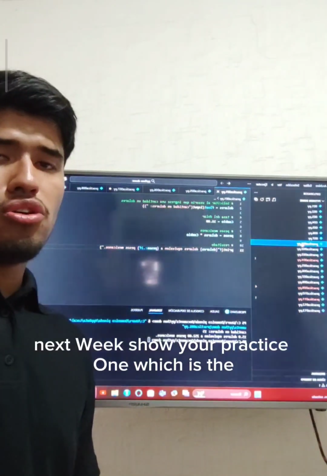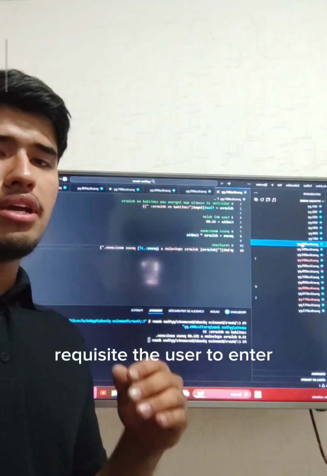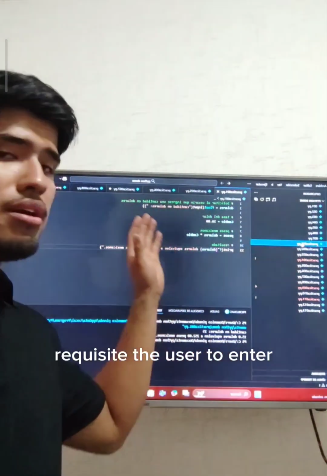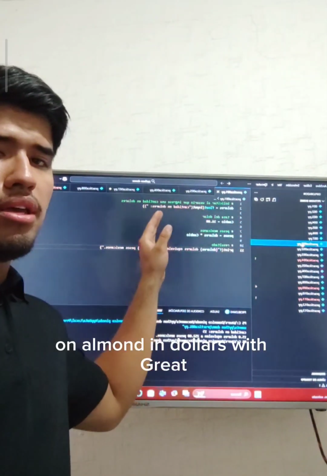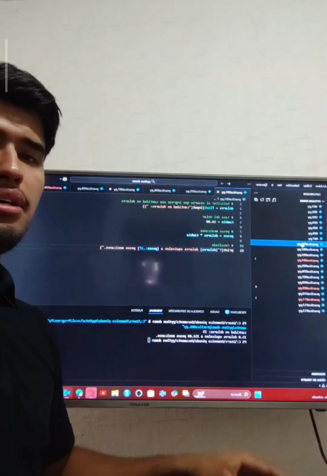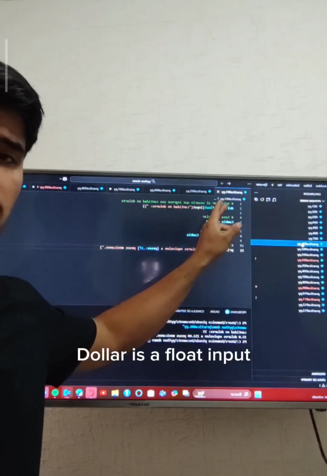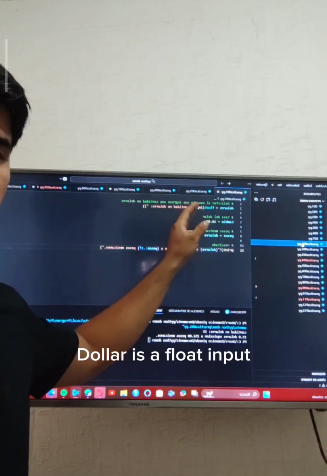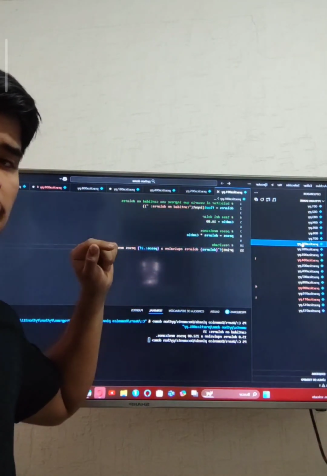Next we show practice 1, which requires the user to enter an amount in dollars. Dollars is a float input. Enter the amount in dollars.